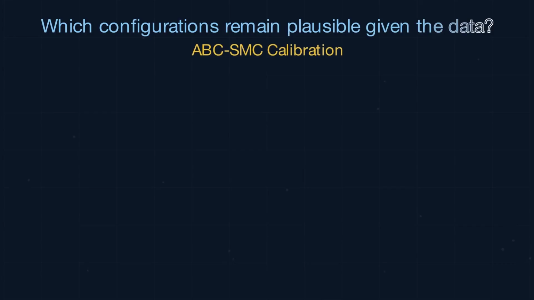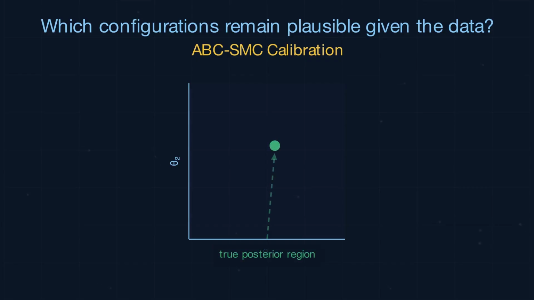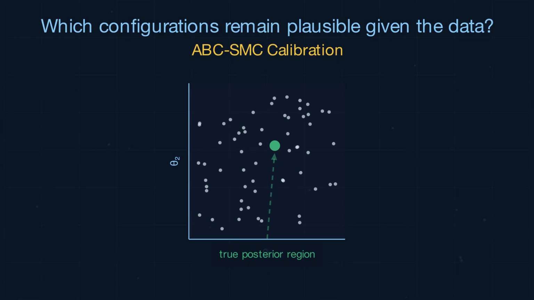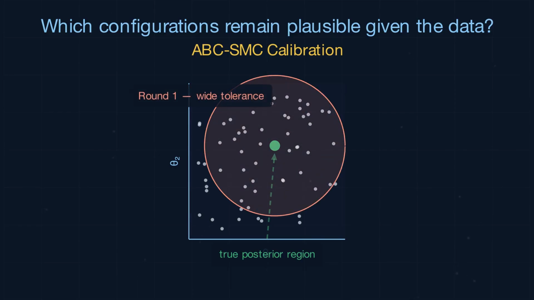Calibration asks a geometric question. Given the data we observed, which parameter configurations remain plausible? The answer is a cloud, a posterior distribution over parameter space. Here is how it is built, geometrically. Start with a broad scattering of particles across the prior. Round 1.